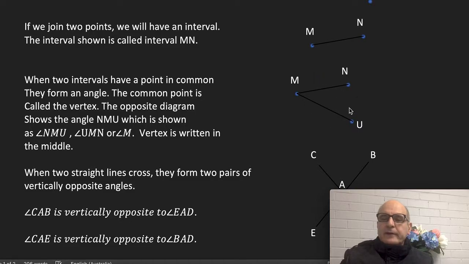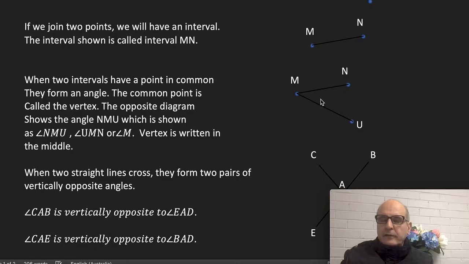Now, this corner where the two intervals have joined is called the vertex. So the point M is the vertex, and MN and MU are called the arms of our angle, and this is the angle.